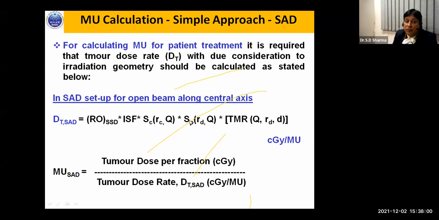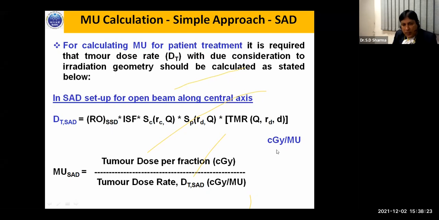And finally, because this is a SAD setup, we have to use the tissue maximum ratio for this situation. Here, please note that in case of tissue maximum ratio, the field size projected at the isocentric plane, which is called the reference plane for these treatment setups, is used here because this is the point of interest in this situation.